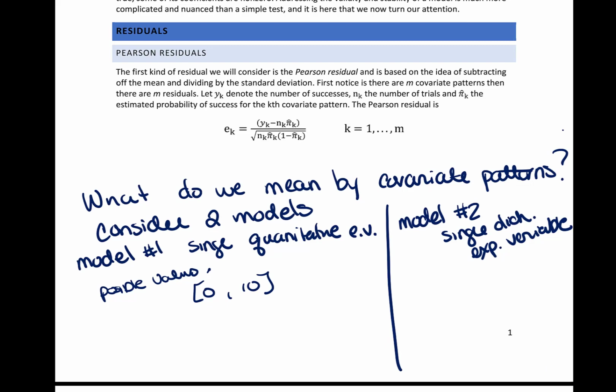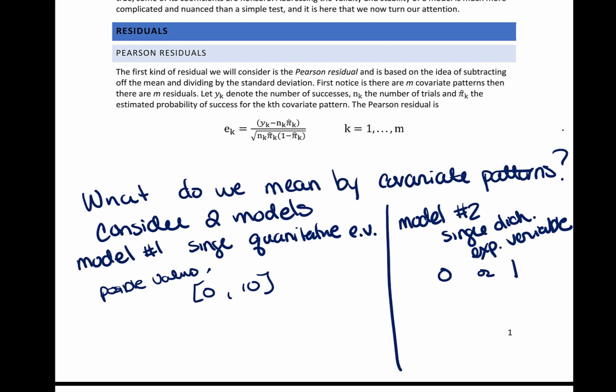On the other hand, when we have a single dichotomous explanatory variable, we may only have 0 or 1. When we think about what a residual does, we're really talking about comparing our predicted outcome with the observed outcome.